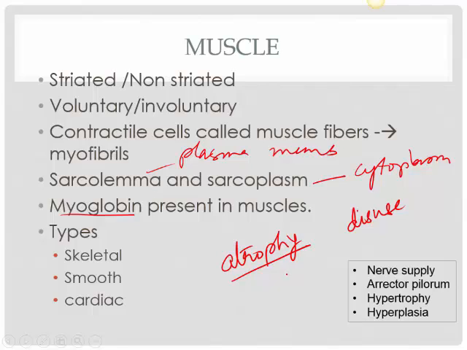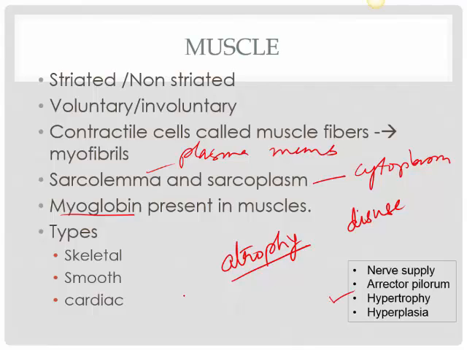Since I've used the word atrophy, let's look at some other words with it. Hypertrophy is the exact opposite of atrophy. Atrophy is the muscle dies because the sarcoplasm inside shrinks, blood supply shrinks, all of that. So the size of the muscle just gets real small.